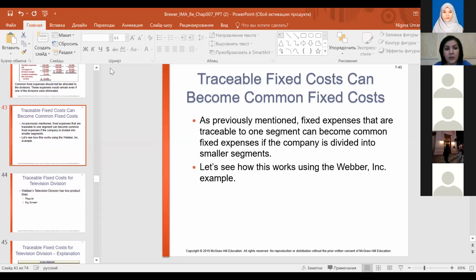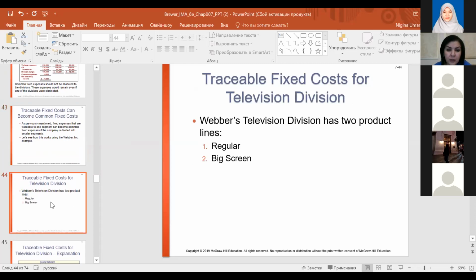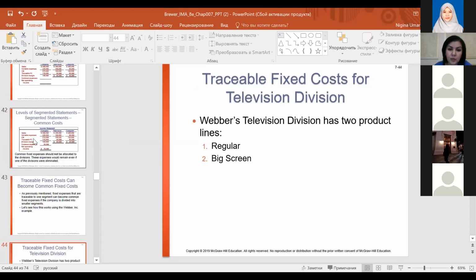Okay, now we will continue looking at this segmented income statement when the company has different or various segments.